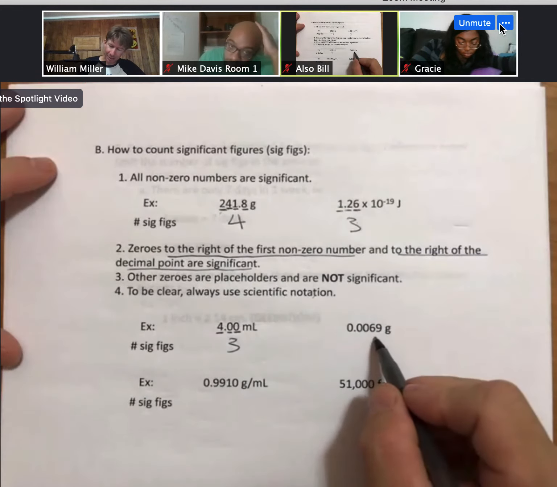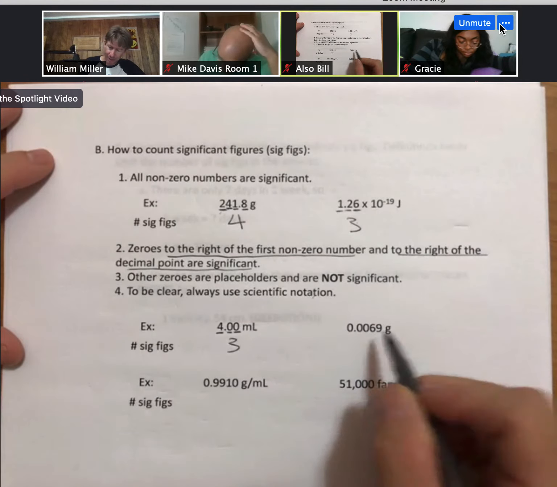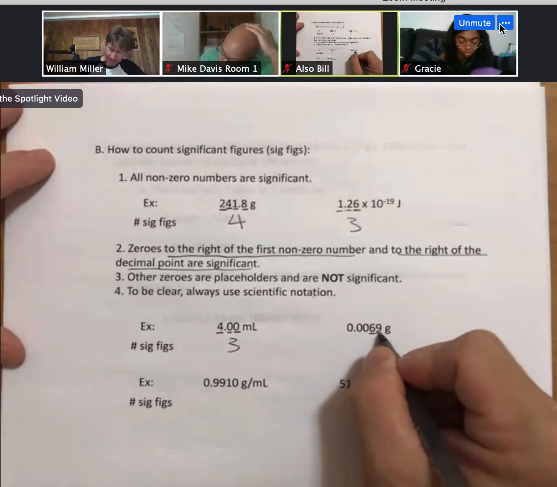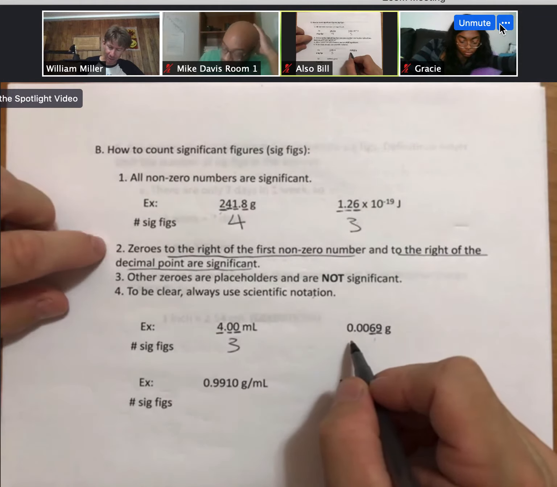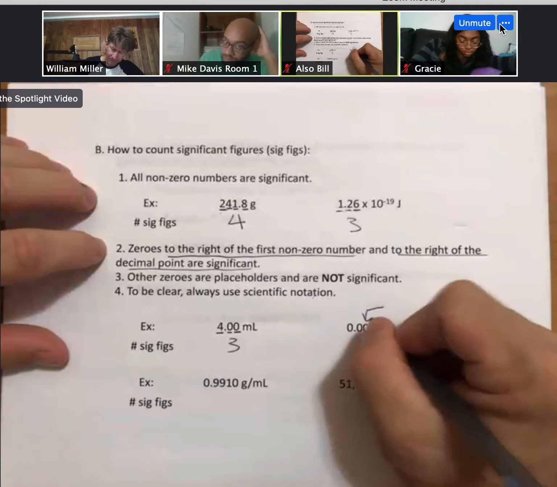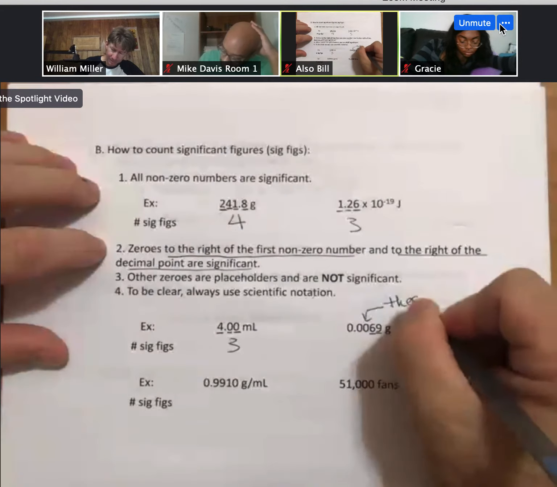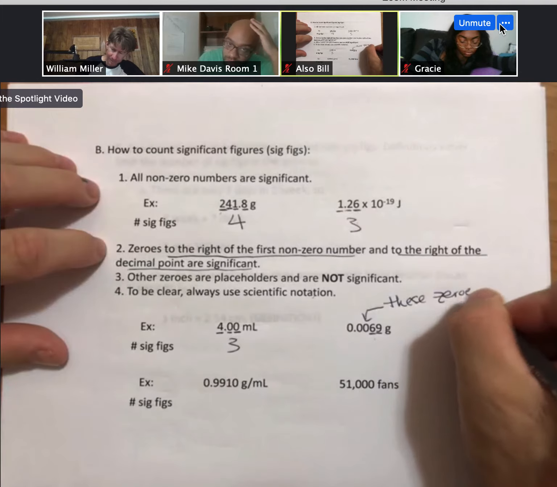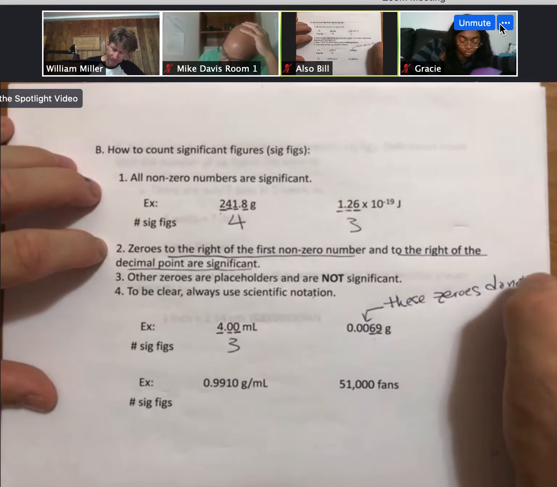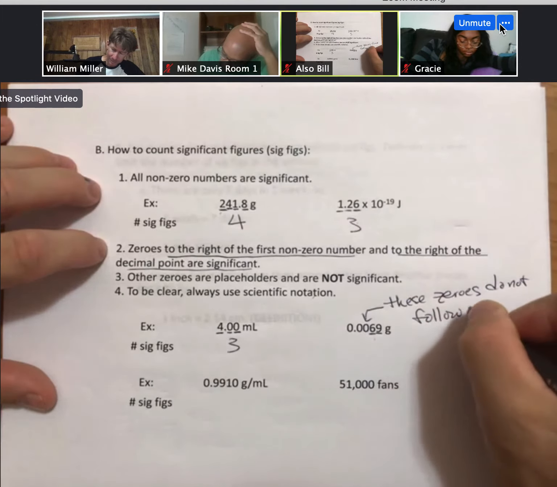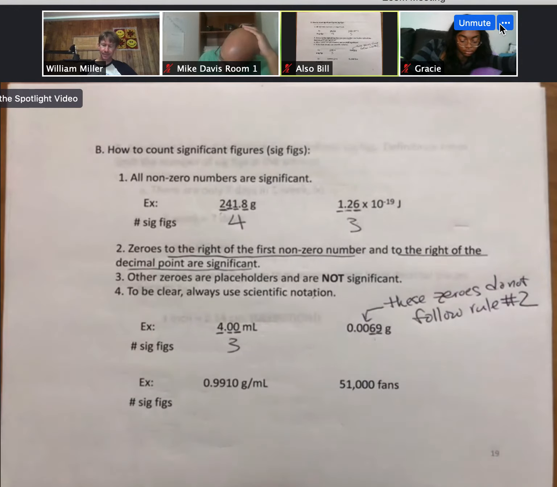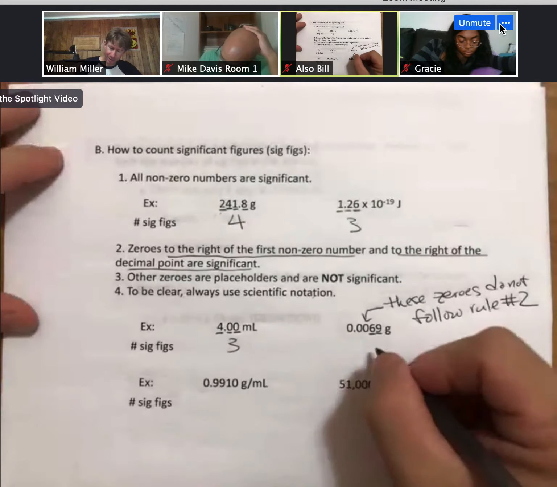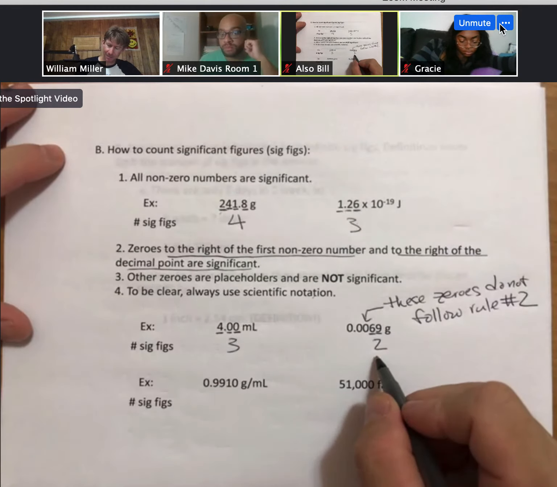In the number I've got right here, I have only 2 sig figs because these zeros over here do not follow rule number 2. Okay. And so the short answer is there are 2 sig figs for this number.